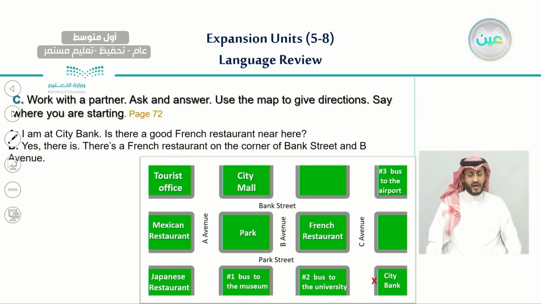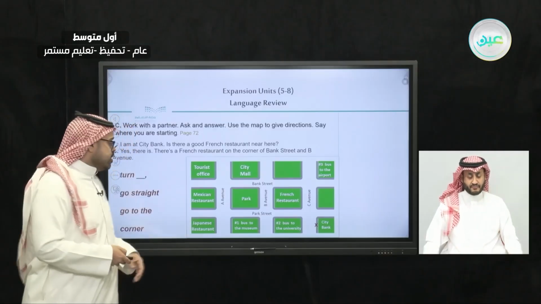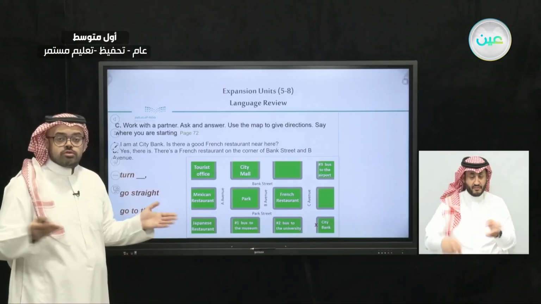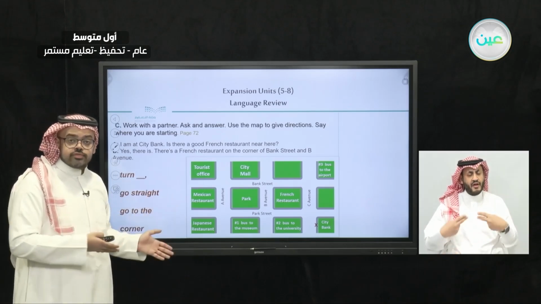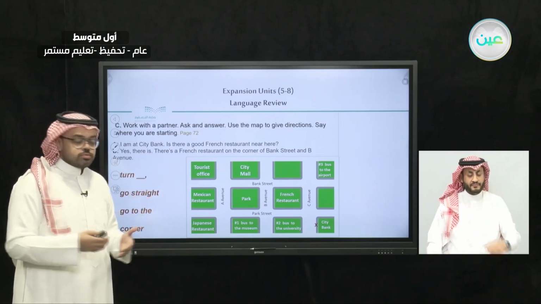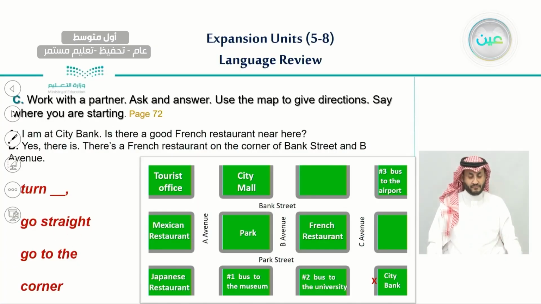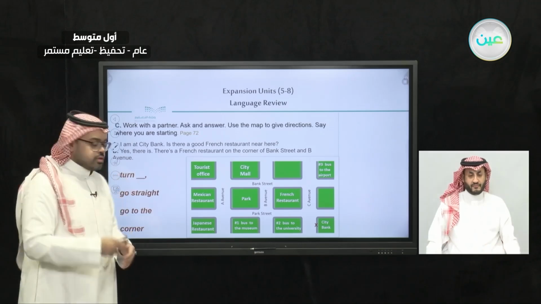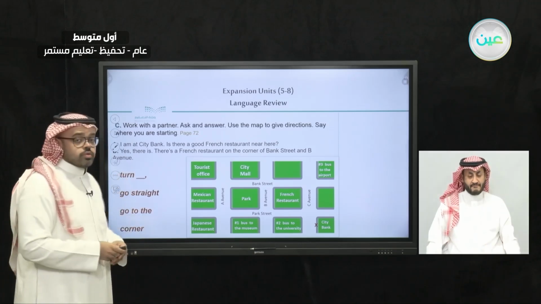You can also do the same, and you can also use other vocabulary, for example the word turn. You can say turn right, turn left, based on where you want him to go. Also you can use the words go straight. Go straight, not right, not left, but go straight. And also go to the corner.